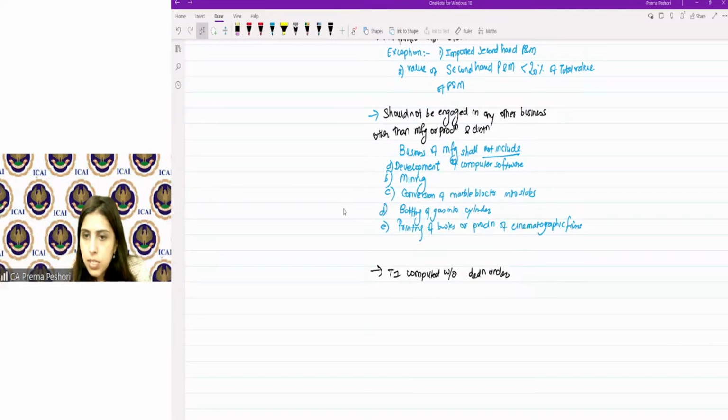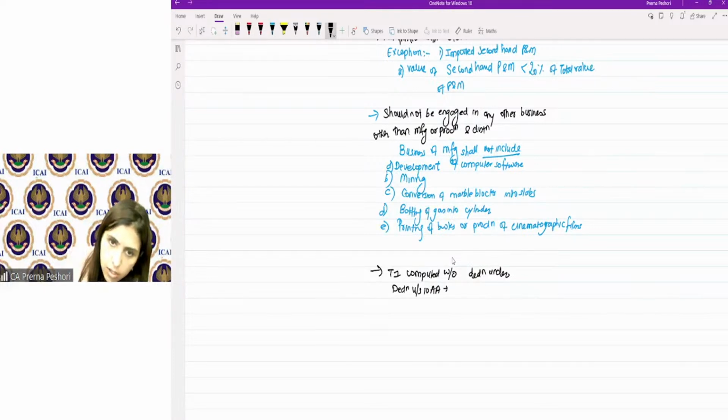Number one is 10AA, which is exemption from the profits of the units in SEZ. Deduction under section 10AA, which is applicable for the units in SEZ.